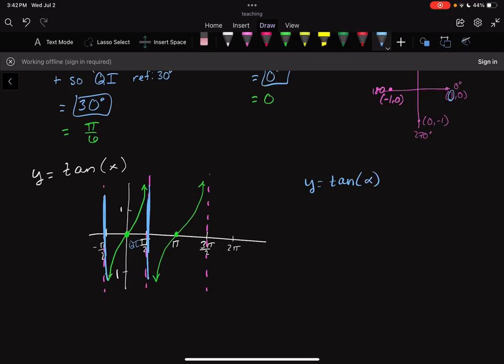So tangent alpha is invertible on the domain. This one is negative pi over 2 to pi over 2, but you'll notice that I'm using parentheses instead of brackets. And it's because these really need to be dotted lines because it can't actually equal those angles because it's undefined at those places.